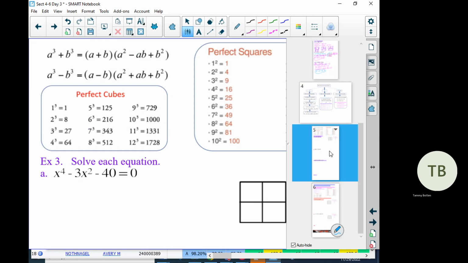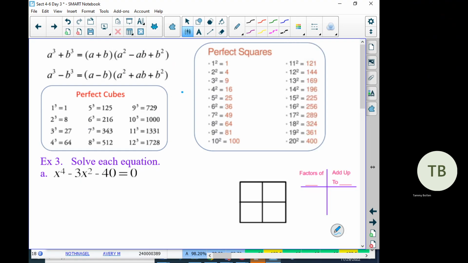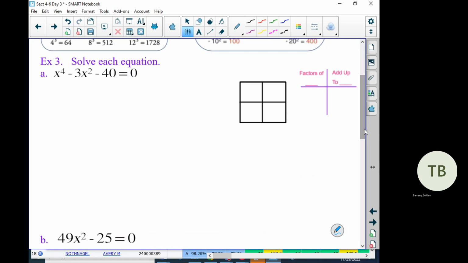Okay. So now let's look at this. So here we have another trinomial, but I have to show you this because when we go to solve this, it's going to be different. So this is x to the 4th, so I'm going to have an x squared off to the side, an x squared off to the side. This is going to be -40 as well as this, and this is -3.